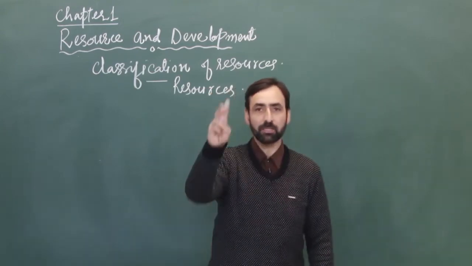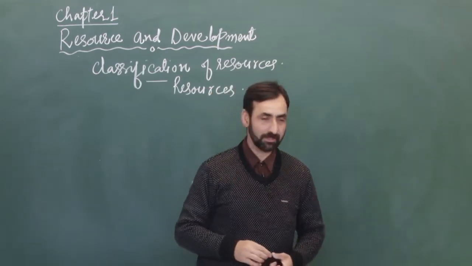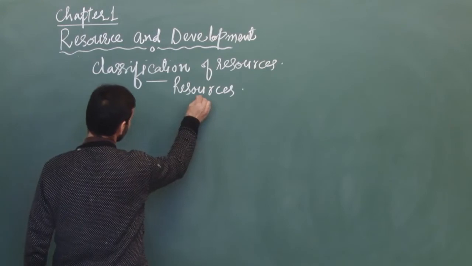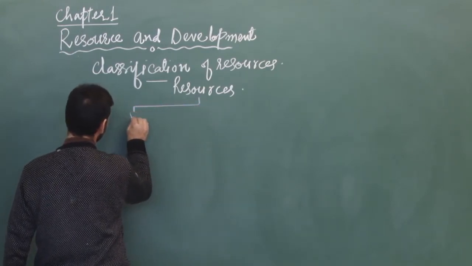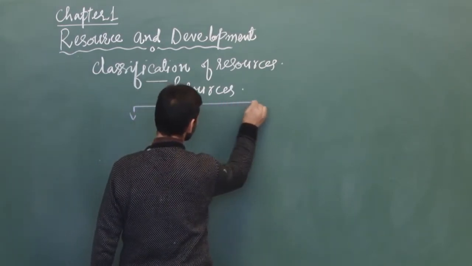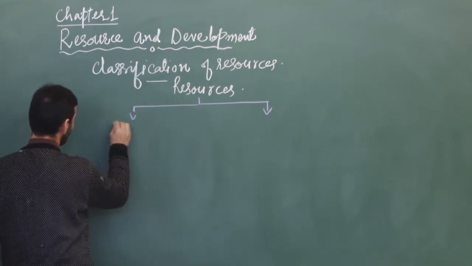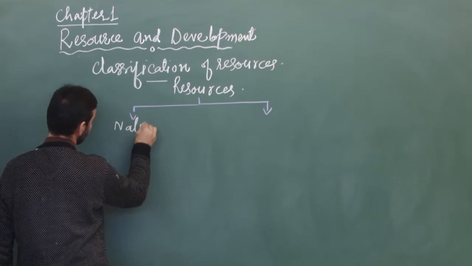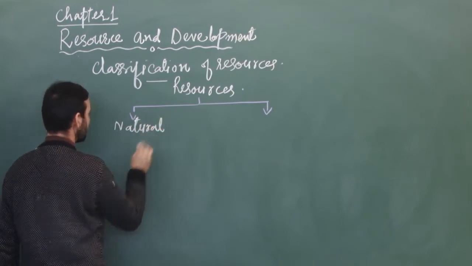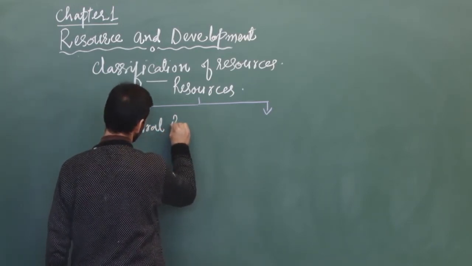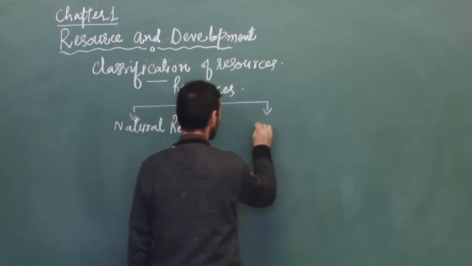Resources are classified into two main types. One is natural resource, another is human resource.